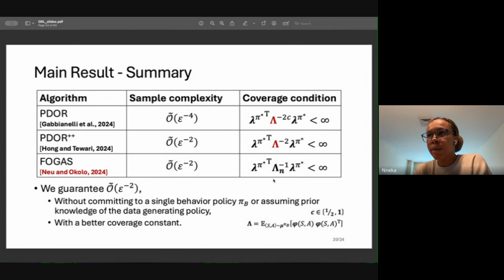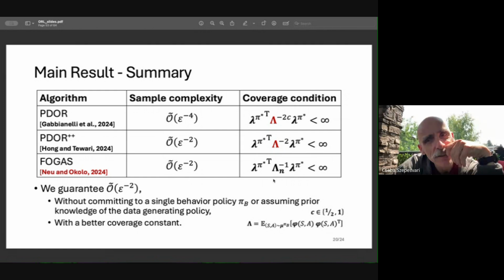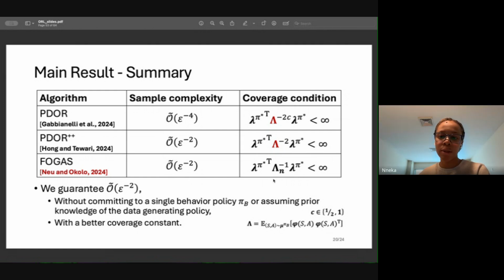So the data generation assumption we make is similar to the compliance assumption made in the work of Jin et al., in the paper Is Pessimism Provably Efficient for Offline RL. Basically, the assumption is that the data is generated according to the true environment dynamics, but we do not need IID assumptions.